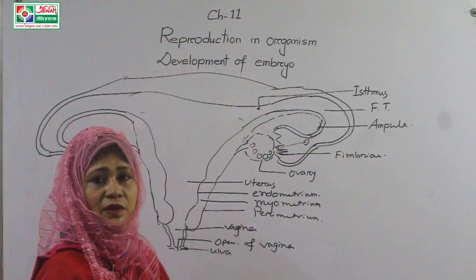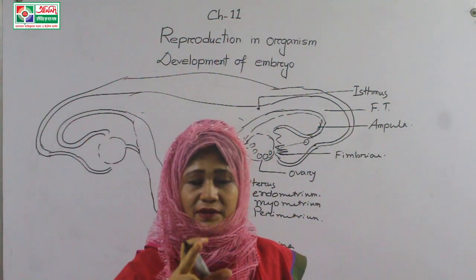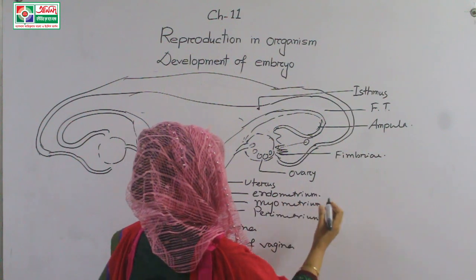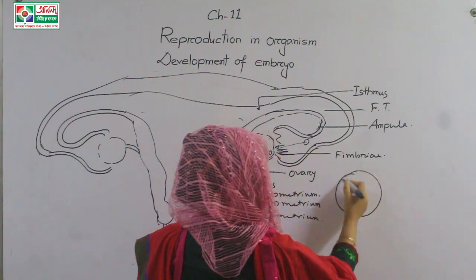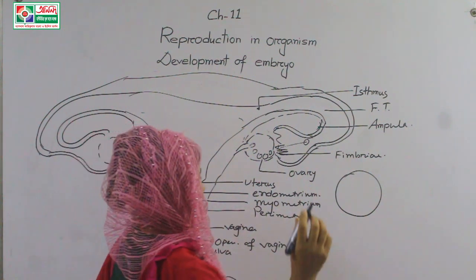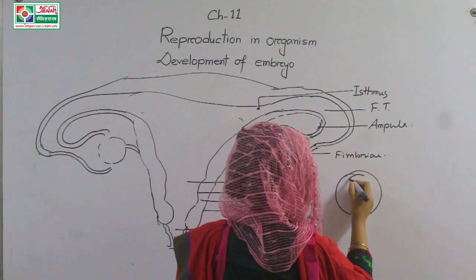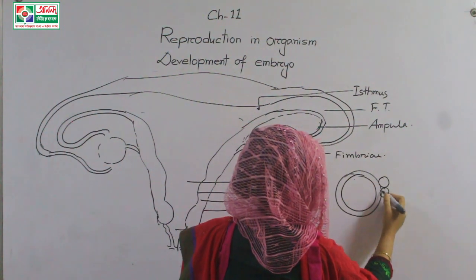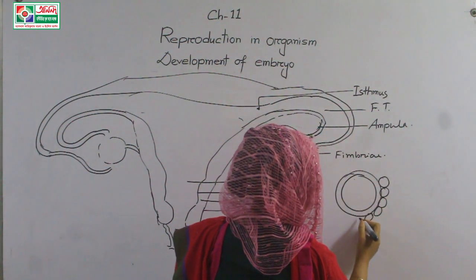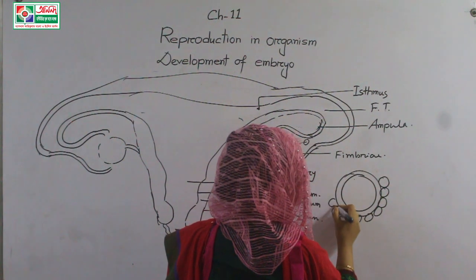And now I will try to draw the secondary oocyte. Students, suppose this is our secondary oocyte and it has many layers. The outer one is known as the corona radiata. Why is it corona radiata?